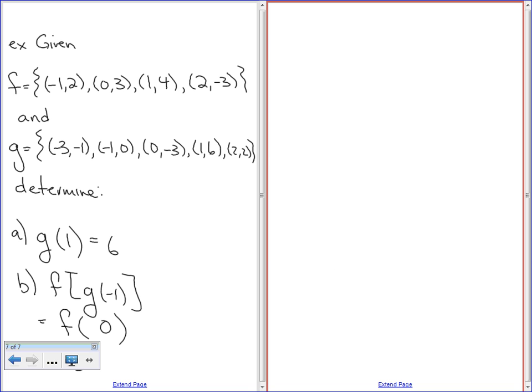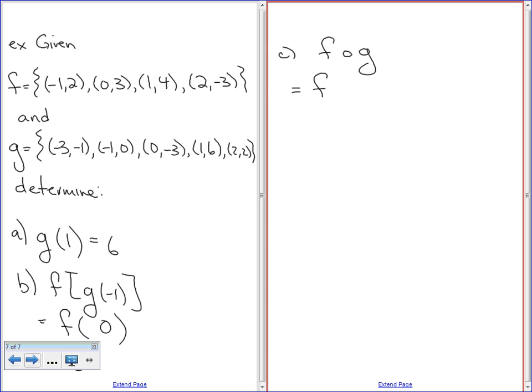Okay. It becomes a little bit harder now when you're trying to come up with a function that defines the composite function. Oops, that should be a C. F circle G. But the concept and everything's the same, and I'm going to show you how to do it the long way, and then eventually you'll be able to hopefully do it the quick way without having to write down any of the work.